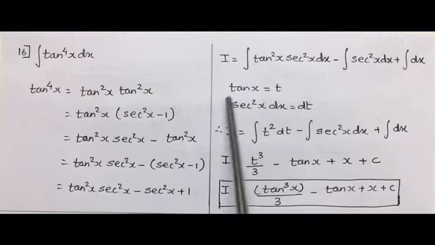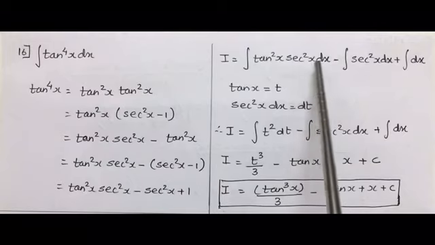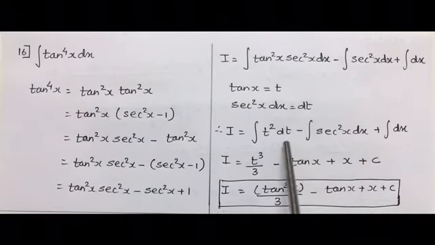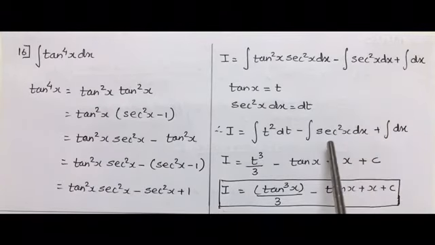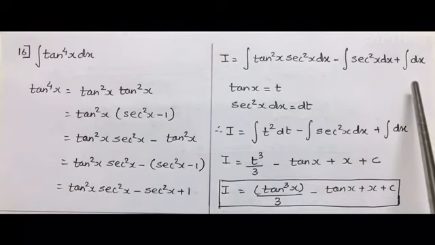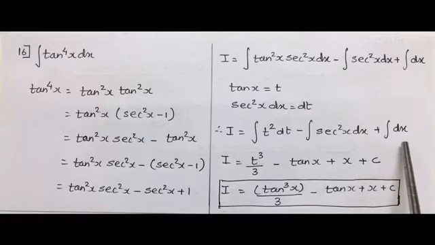Now putting this value in the first term for integration, in the place of tan keeping t, we get t^2. sec^2 x dx is replaced as dt. As there is a direct integration of sec^2, so we will keep it as sec^2 x dx only. Integration of 1 will remain as it is, that is dx.